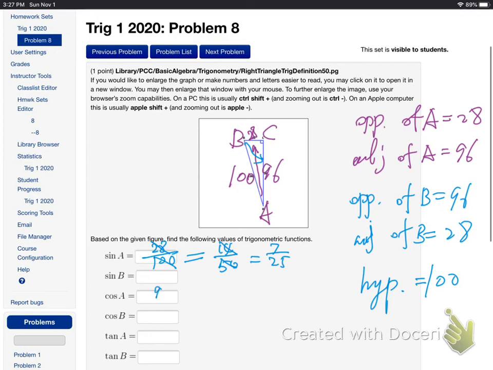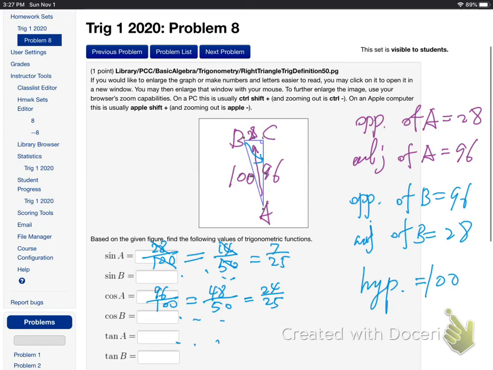It will be adjacent over hypotenuse, and then simplify that, 48 over 50, 24 over 25. And then you can finish all other questions. You're given 3 sides, just use the definition of trig functions to find the ratio and then simplify the ratio online for the web work.